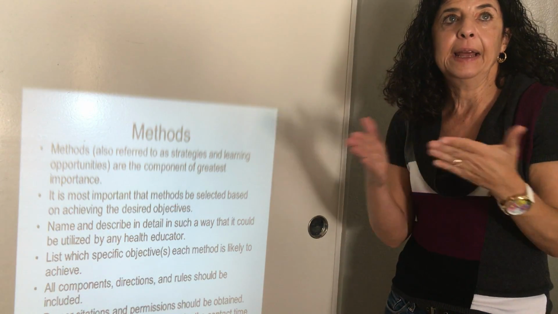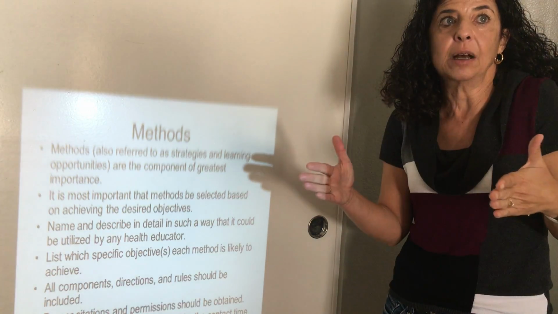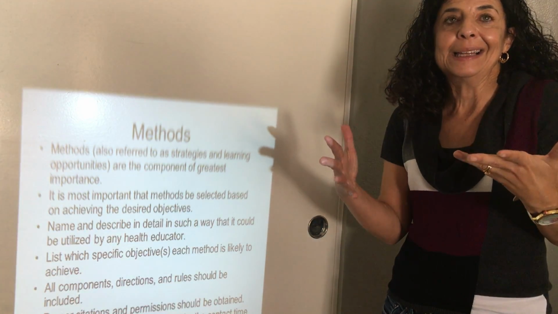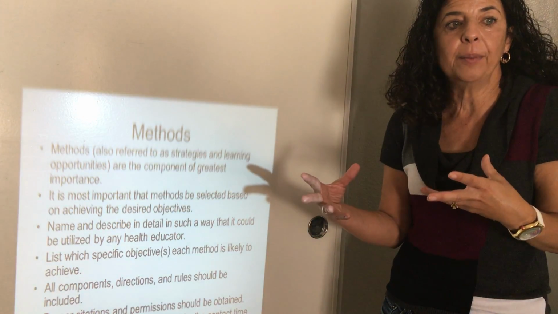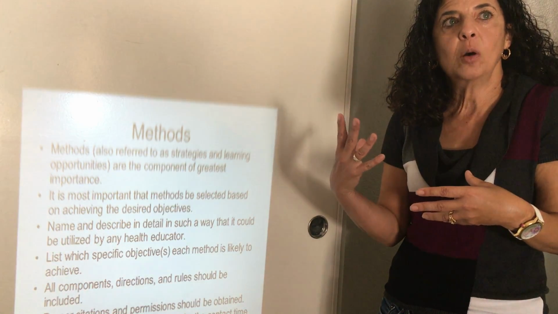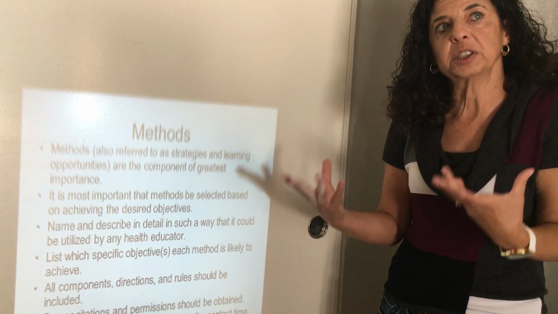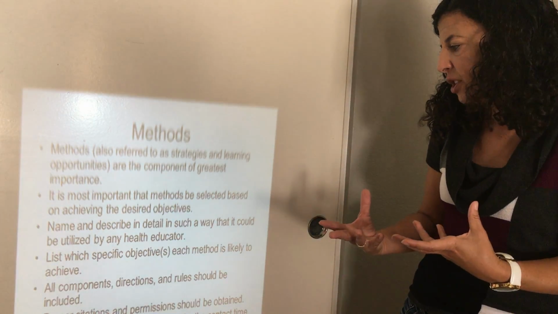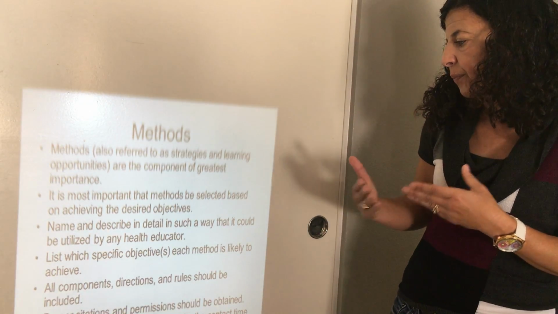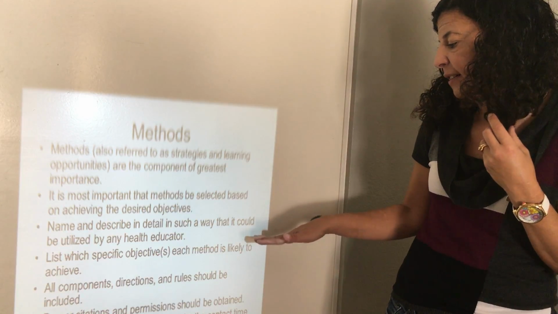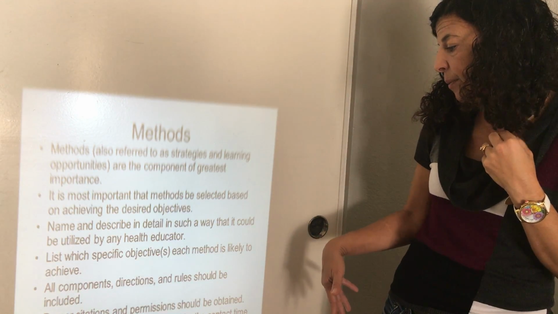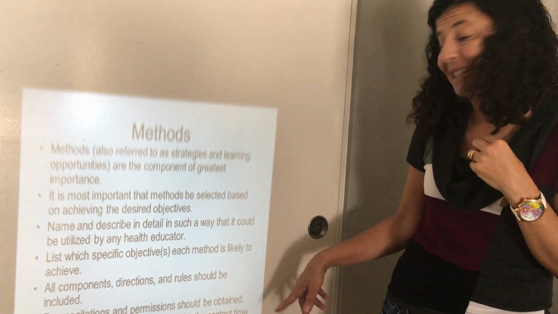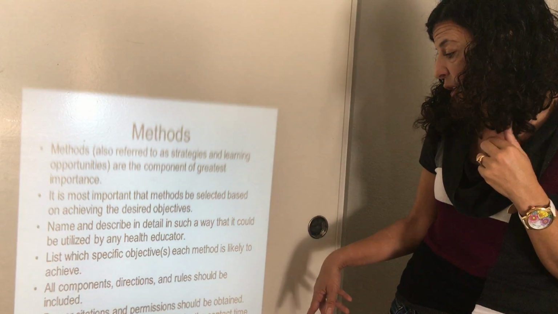Because if all you're looking at is knowledge competency, then those methods are appropriate, but most theoretical models don't just rely on information dissemination. So think about which objectives the method will support, and make sure that you're using proper citations as you're developing your curriculum.